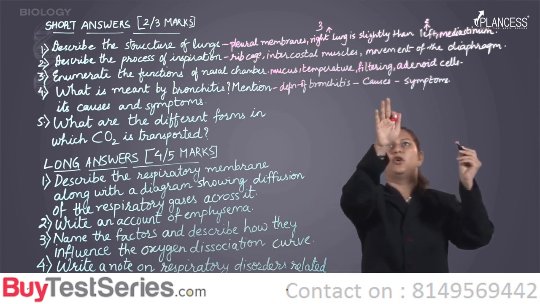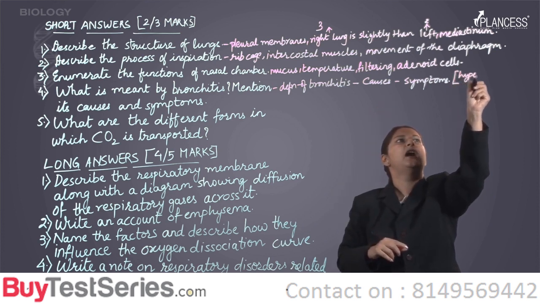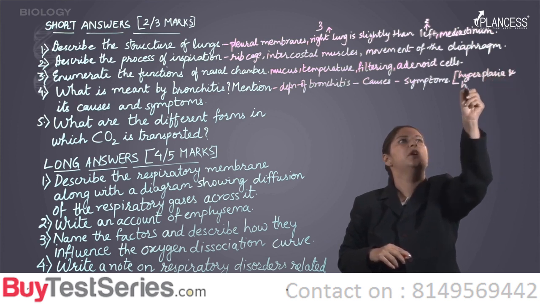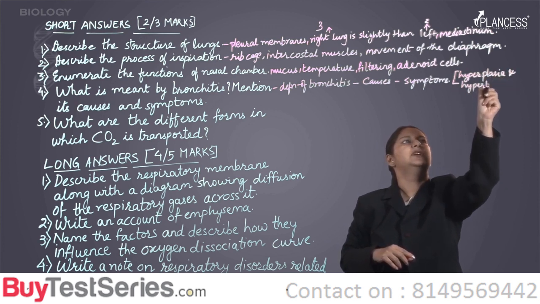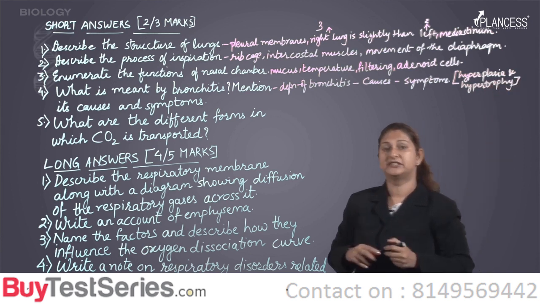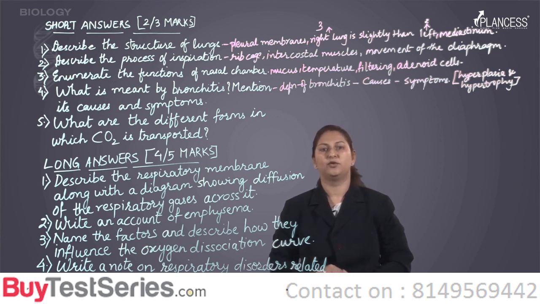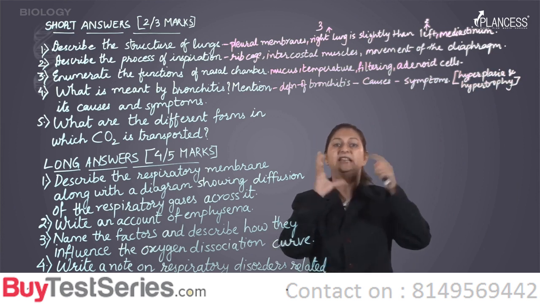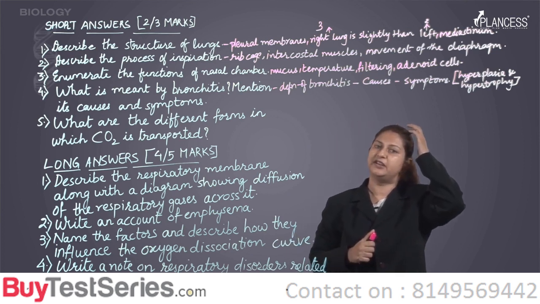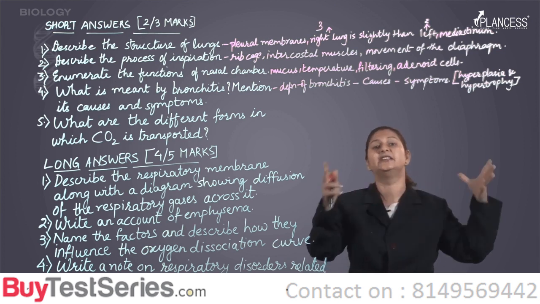So in causes you will mention these two terms, hyperplasia and hypertrophy, that take place in the squamous cells of the bronchi. What was hyperplasia? It was the increase in the cellular number, and hypertrophy is the change in the structure of the cells, that is, it increases, right?